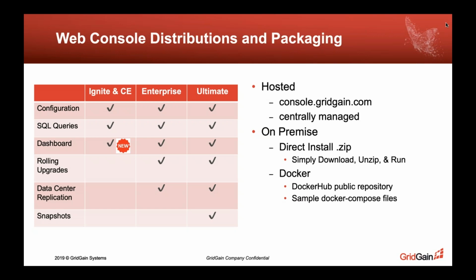So one Web Console supports all of the different editions, including Apache Ignite. And then we activate features based on what we detect the connected cluster is. If it's an Ignite cluster connecting to Web Console, you'll get access to the configuration, SQL queries, and dashboards. If you connect with a cluster that is Enterprise Edition, then we will activate rolling upgrades and data center replication for that cluster. So it's actually very flexible.